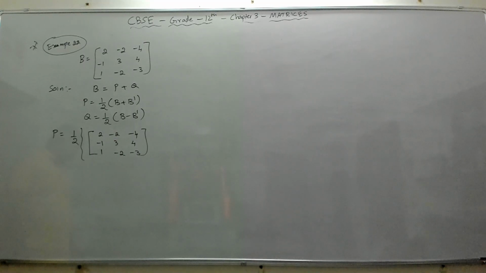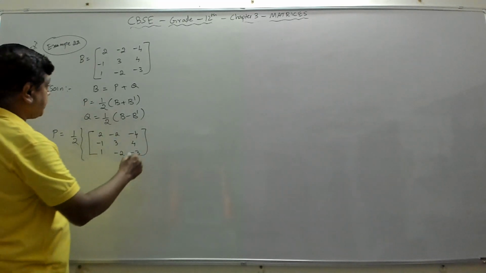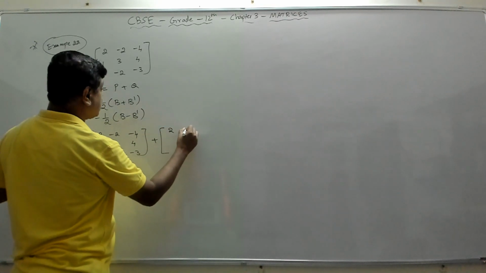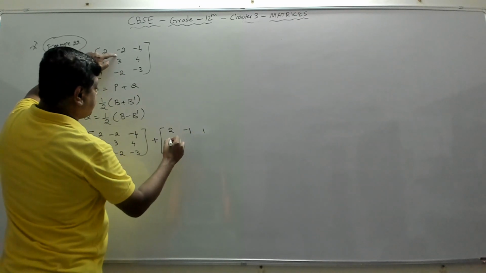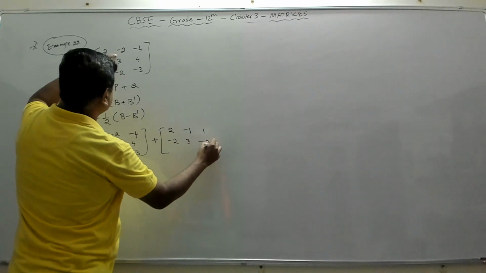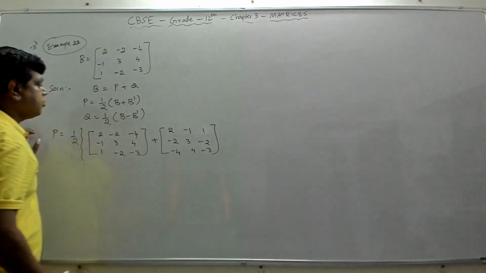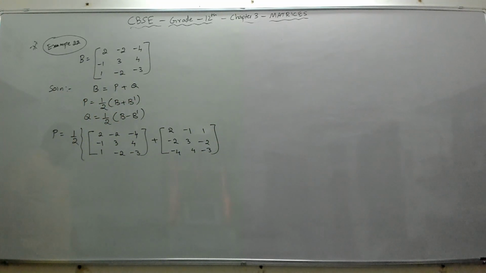Now we have to write our B transpose. B transpose matrix is [2, -1, 1; -2, 3, -2; -4, 4, -3]. This is your B transpose. Now we should add both of them. So if you add them, what do you get?